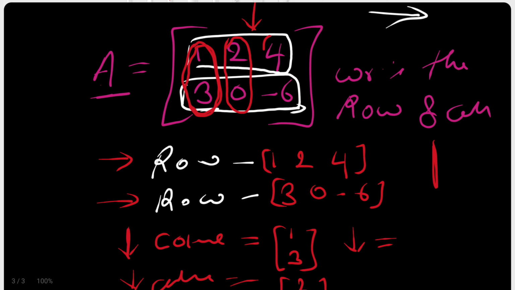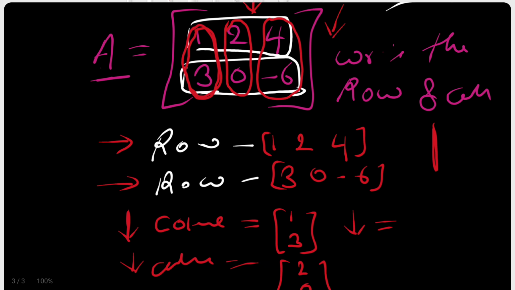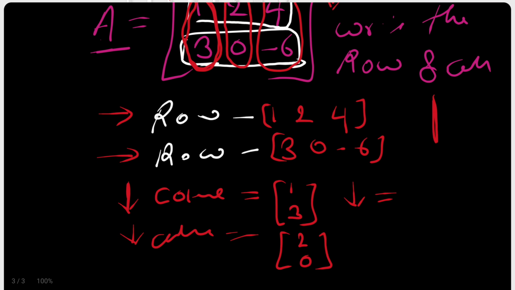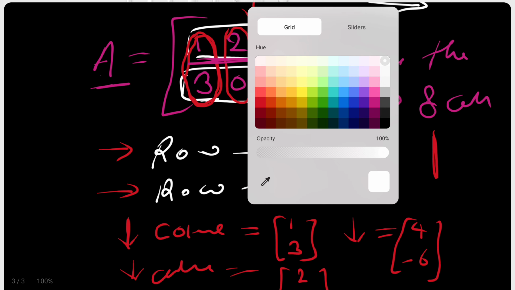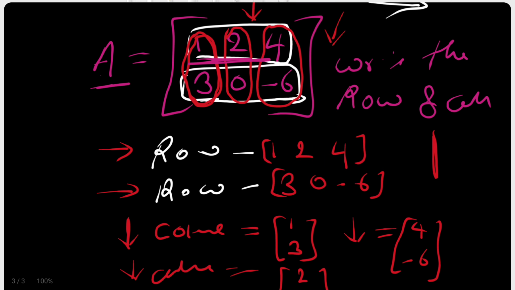How? Because it is going like climbing a tree. So we can write here 4 and minus 6 also are our column. So did you see the numbers in this arrangement of the matrix, which is in the proper way? Okay, I have to use another pen here. Okay, I use this one.